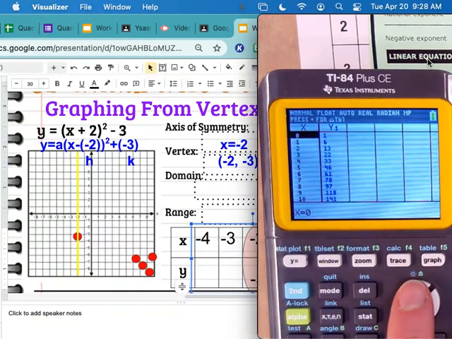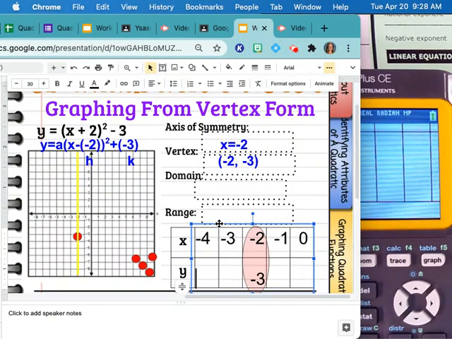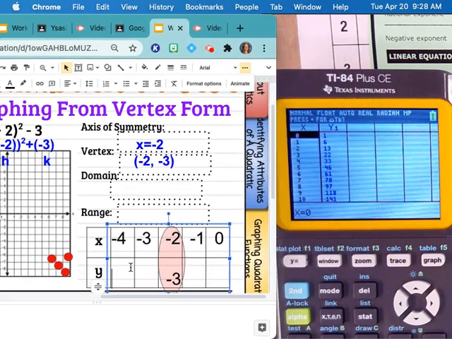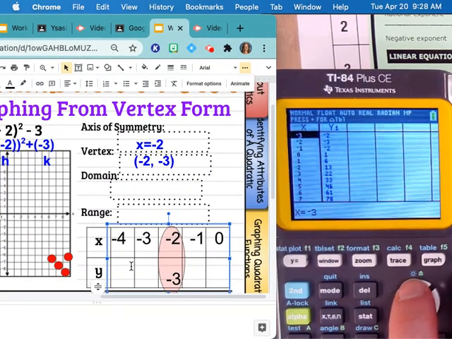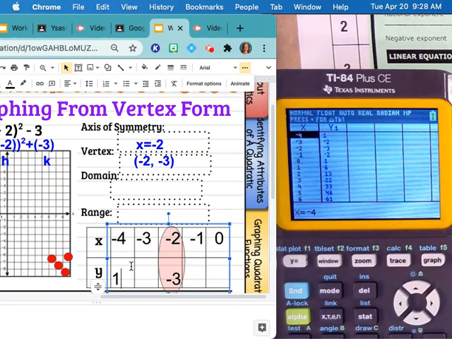Okay, so now I need to go to the values I need. So I need negative 4, which is 1. Negative 3 is negative 2. And then negative 1 is negative 2.